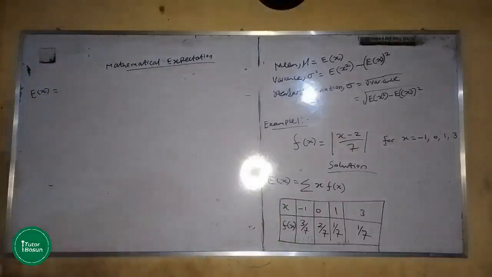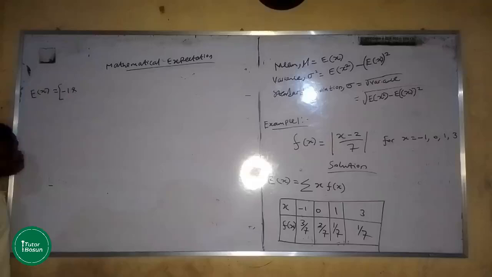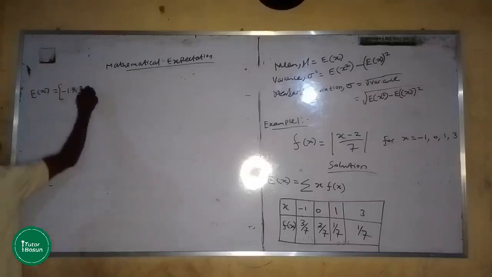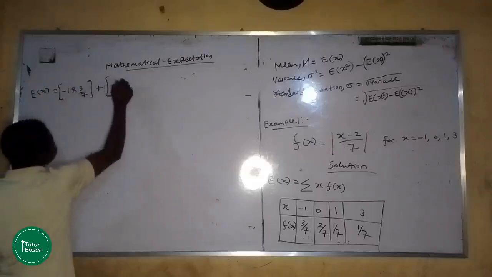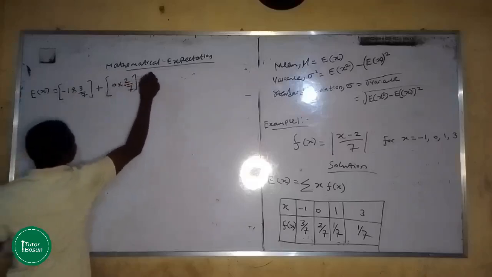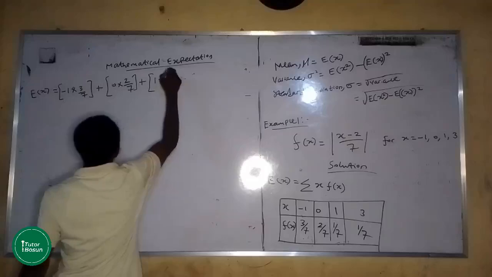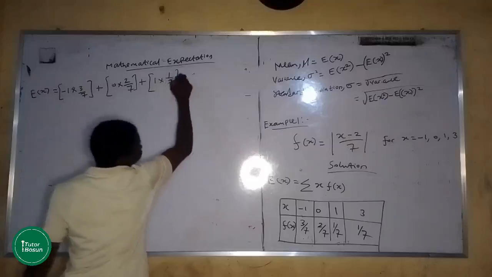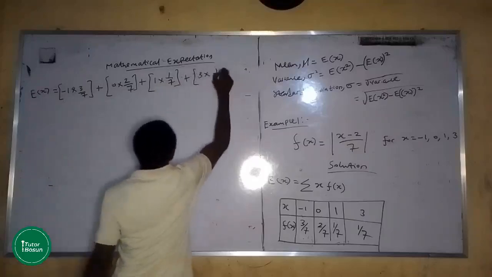For the first one, x is minus 1, times the corresponding f of x, 3 over 7, plus the next one, 0 times 2 over 7, plus 1 times 1 over 7, plus 3 times 1 over 7.